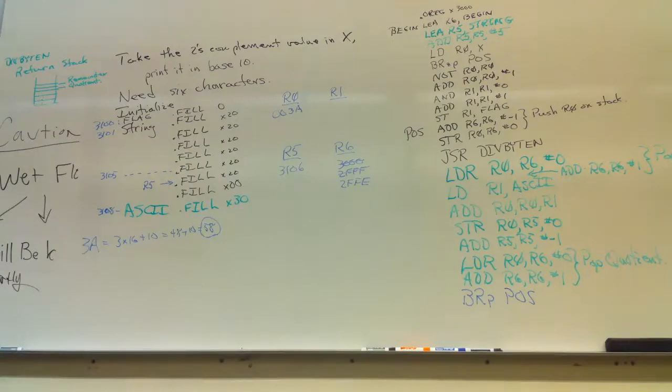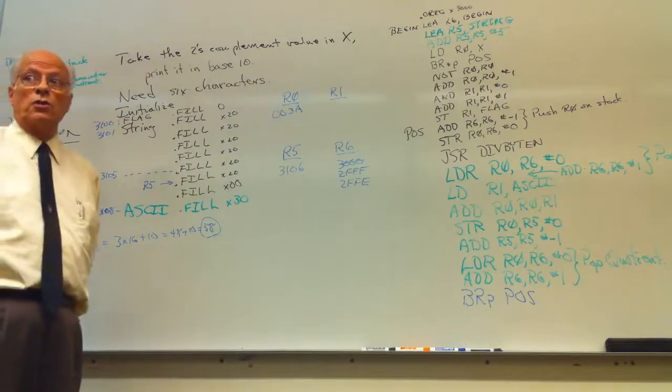See, as it does the pushes of the values, the quotient and the remainder, it's going to change that stack pointer. The stack pointer is a global variable. It's visible everywhere. If it's not, oh my, you can get some pretty deadly side effects. Because one piece of the program will mess up things that somebody else put on the stack and you won't know about it. Okay? It's got to be, don't touch.